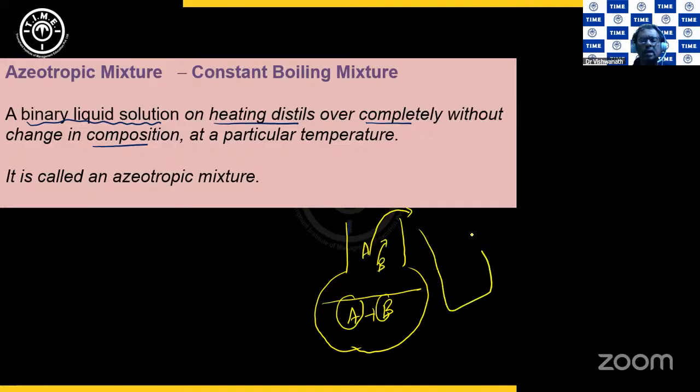And then when you condense, there will be more A in the condensate because A has gone more, B has gone less. But here what is happening? A and B are not going to different extents. There is no change in composition, which means that the liquid composition and the vapor composition are the same.